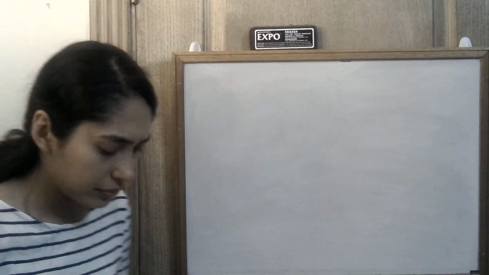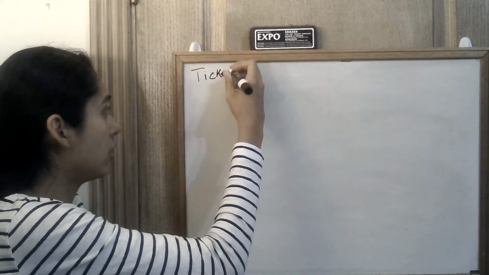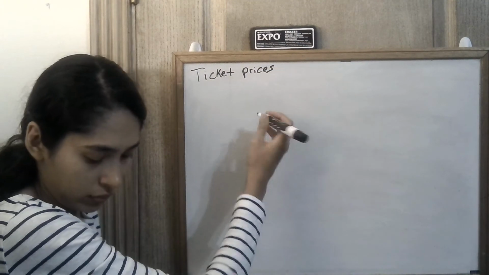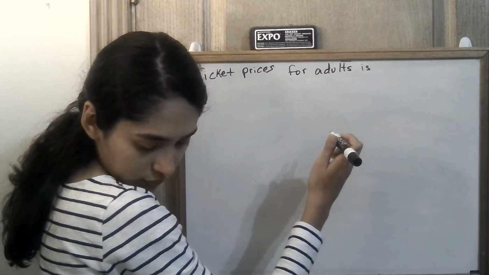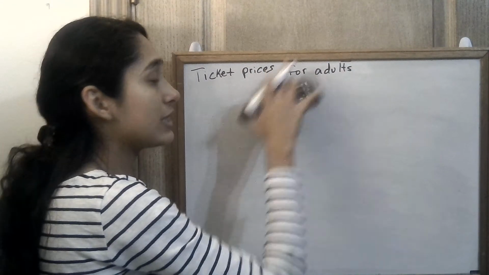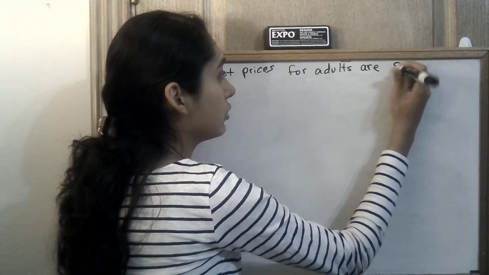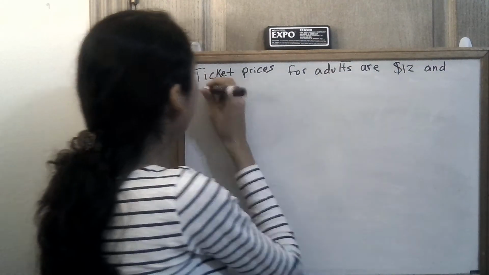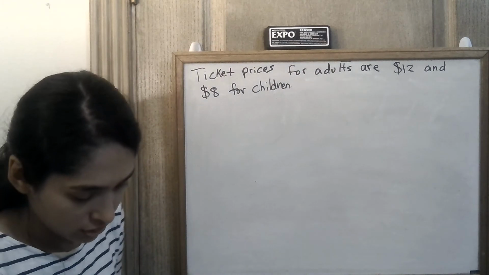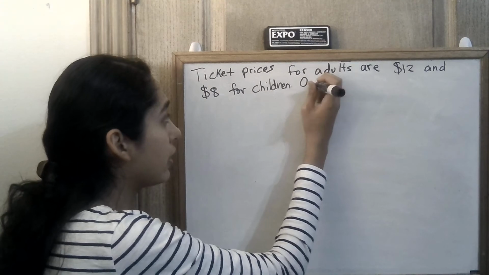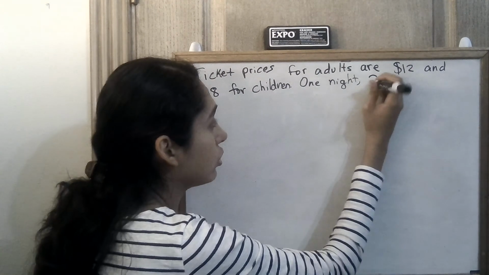So let's say that a play, the ticket prices... 200 tickets were sold.